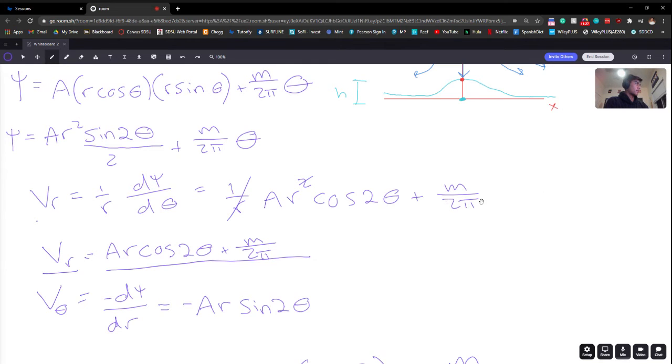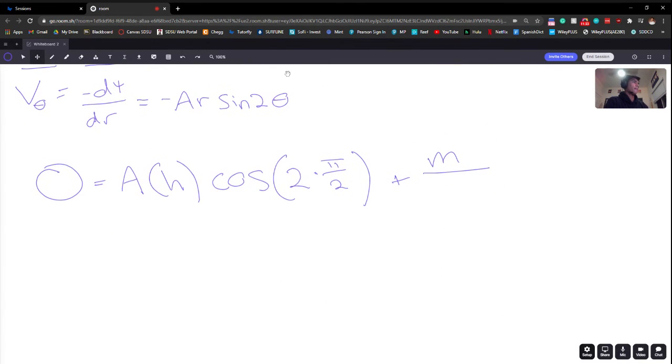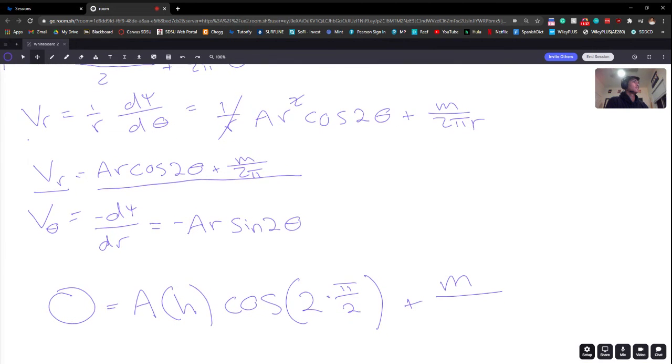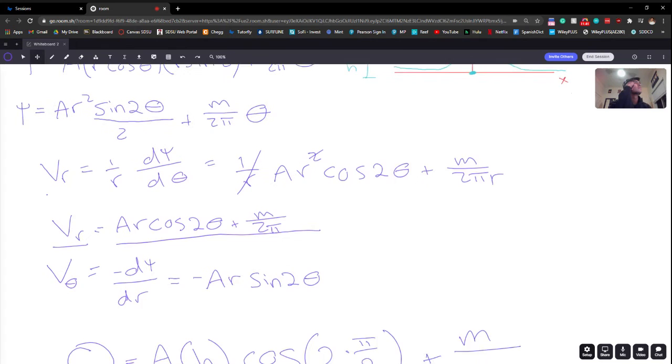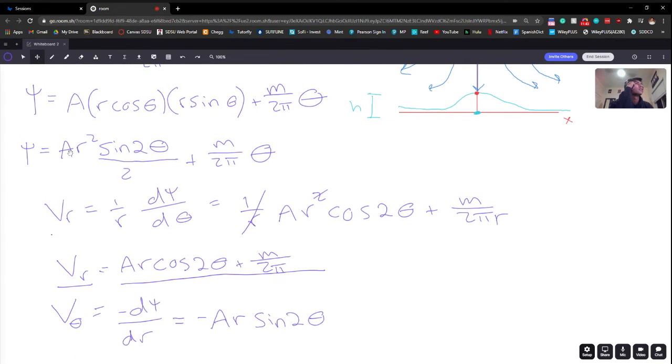So it becomes m over 2 pi r. Partial derivative squared.